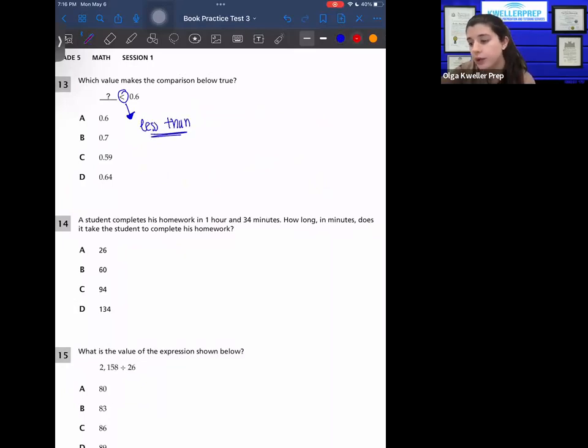So just to review, we have greater than, we have less than. And what do these signs mean? What if they're underlined? What if there's a line underneath? What does that mean? That means greater than or equal to. And then finally, we have less than or equal to.